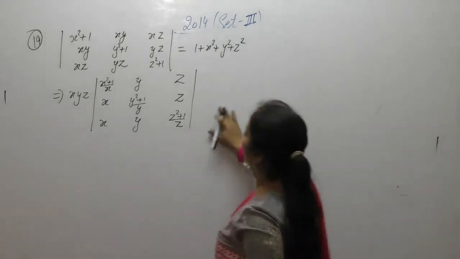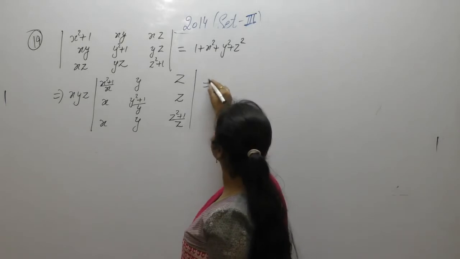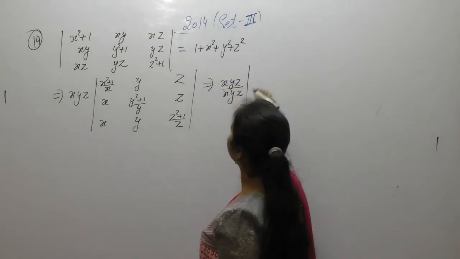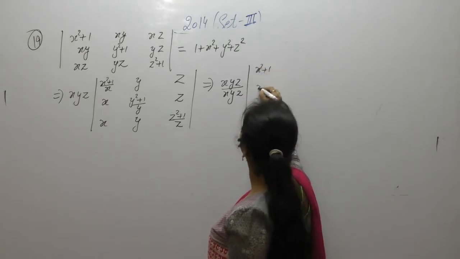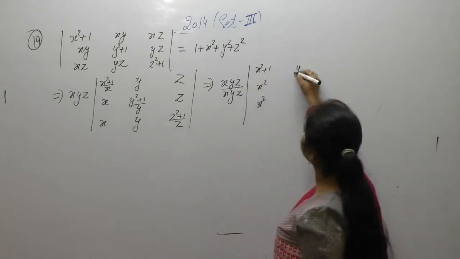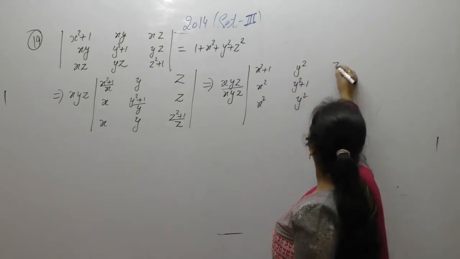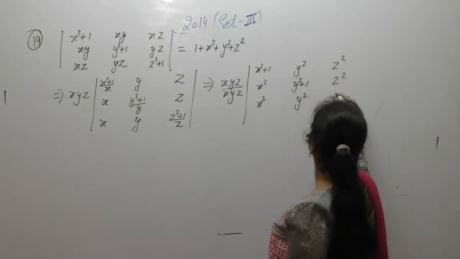Now multiply column 1, and if we multiply, then we will have to divide also. Column 1 by x, column 2 by y, and column 3 by z.